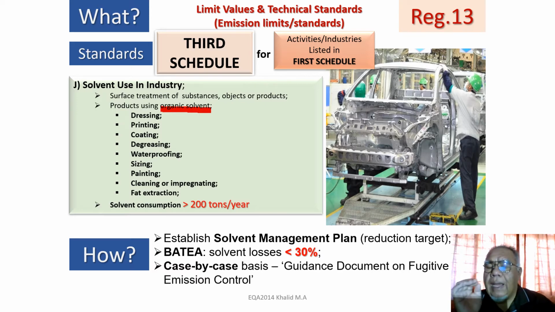Now, any kind of solvent is regulated here, in particular organic solvent, and most of these activities apply what is called surface treatment of parts or components of certain products being manufactured.